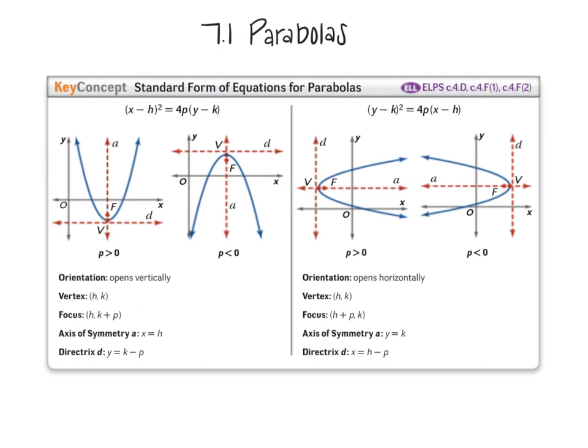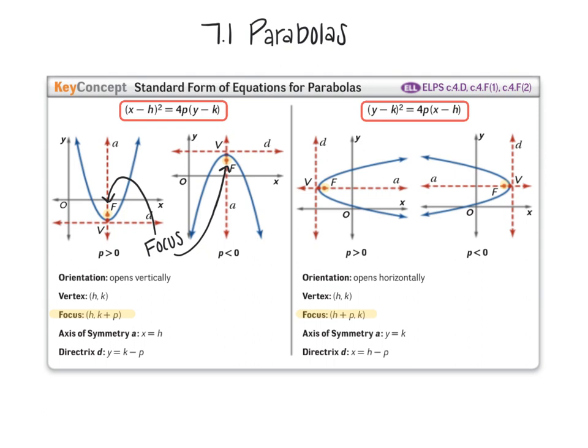So right off the bat, there's two standard form equations for parabolas. On the left-hand side, you have parabolas that open vertically, and on the right-hand side, you have parabolas that open horizontally. Just like ellipses and hyperbolas, parabolas also have a focus, which is located inside the parabola.